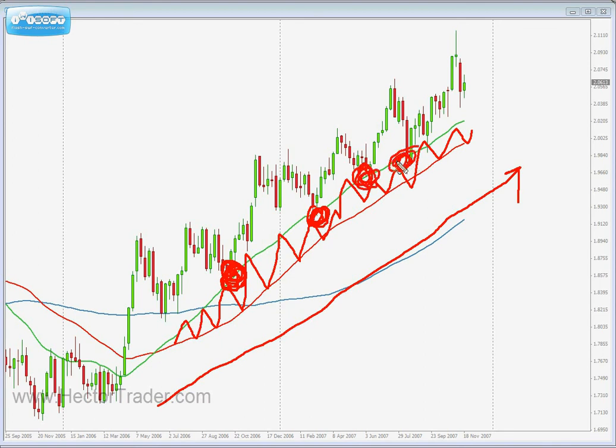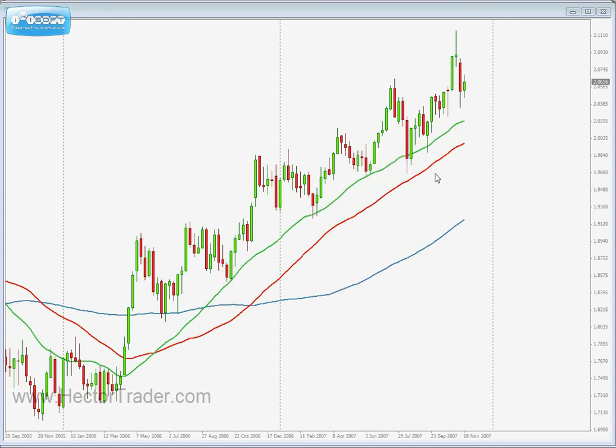And we actually do. Just have a look at the chart. Every time price, the cable in this case, retraces back to the dynamic area of support. By the way, this is the dynamic area of support. Since we're in an uptrend, it will be called resistance if we were in a downtrend.